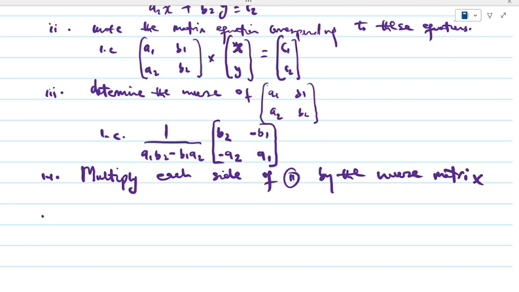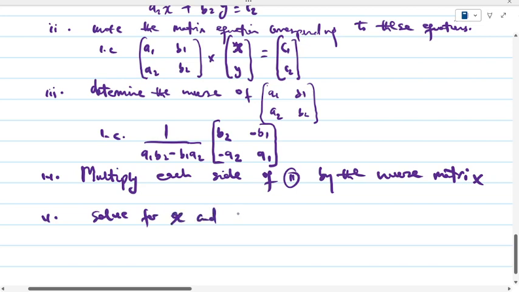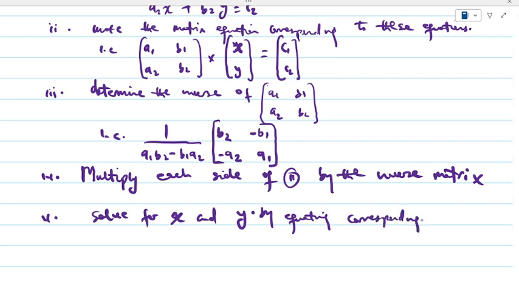And lastly, solve for x and y by equating corresponding elements.